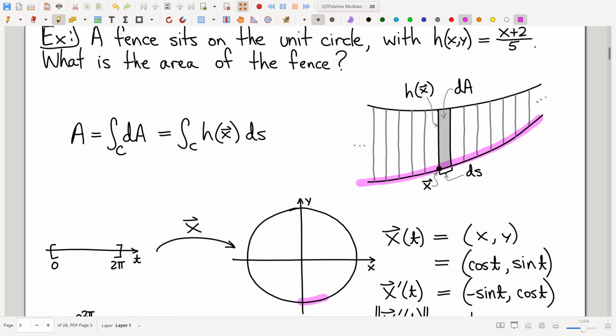as you're moving along, here's your fence, right? And if I were to break up the curve into little pieces, for example, if I looked at little pieces of curve of size ds, I can talk about what the height is at that location on the fence.